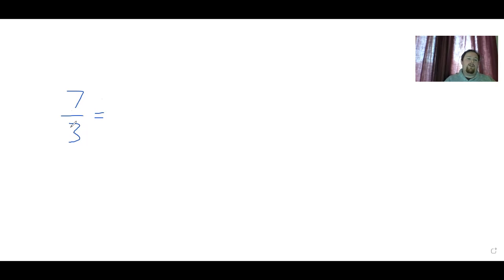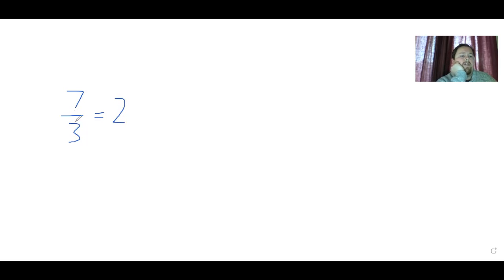So if we want to convert 7/3 to a mixed number, what we need to think is, how many times does 3 go into the top number? So what is 7 divided by 3? The answer to that is 2, because 2 3s give us 6. And then we say, what's left over from that?